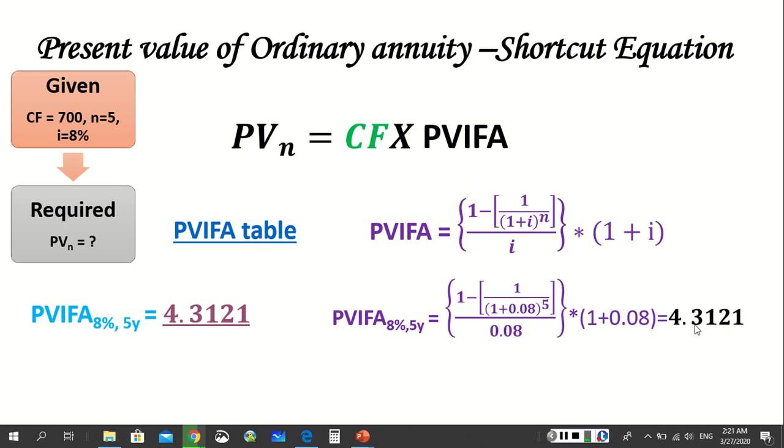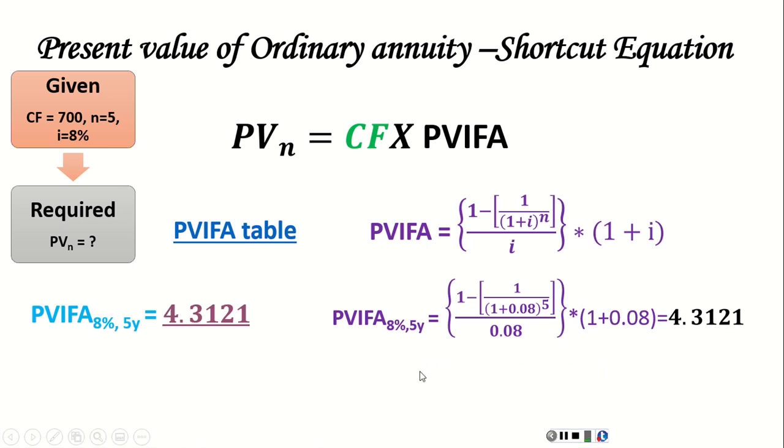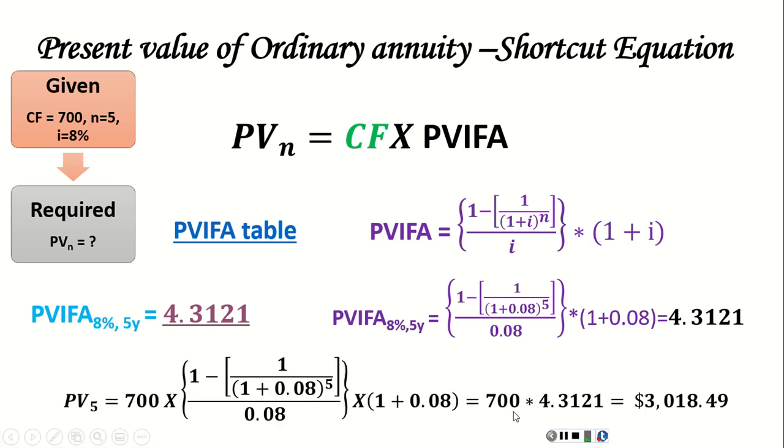We will multiply this amount by 700 to get to $3,018 in one step.